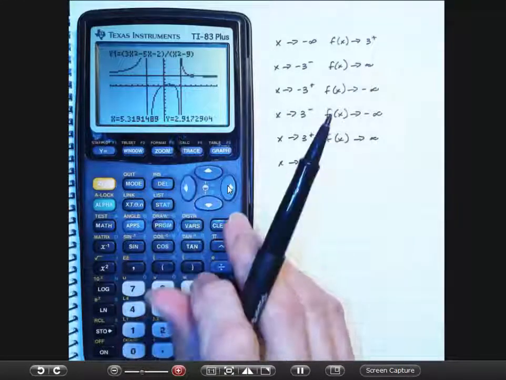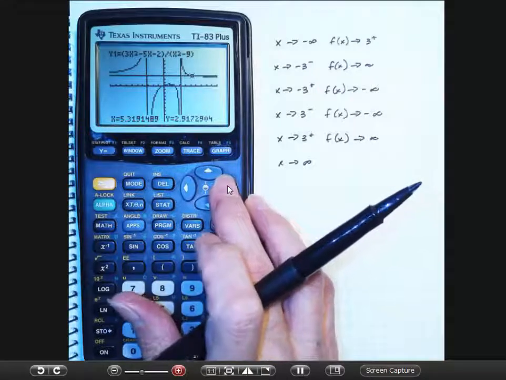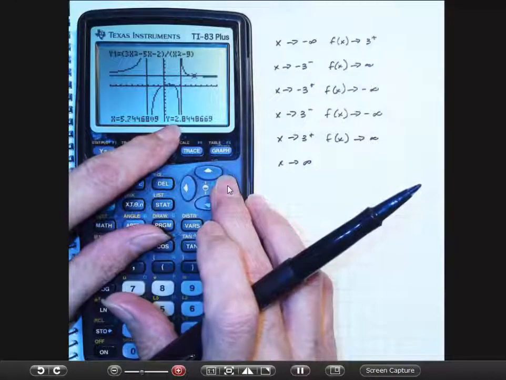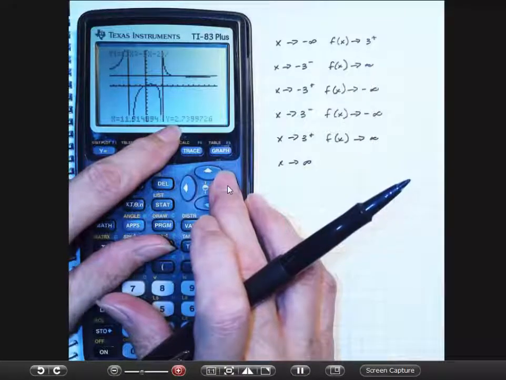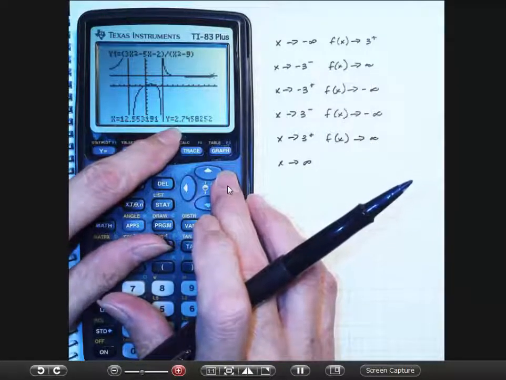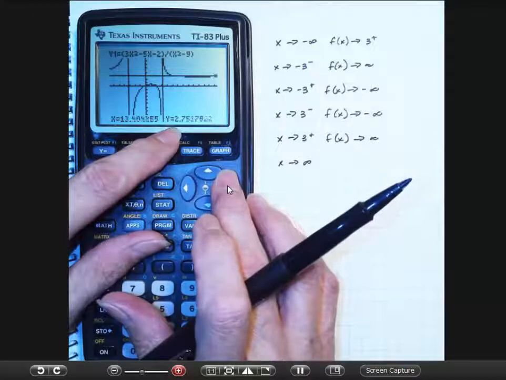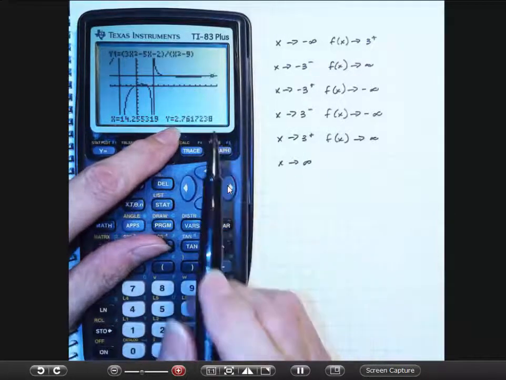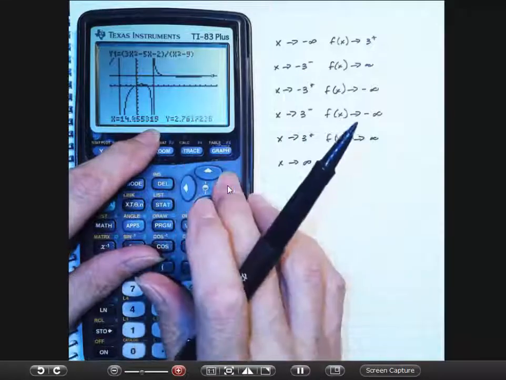We're still below the horizontal asymptote. So keep a look on that. See how we're going down even farther. We're below the horizontal asymptote. Okay, you may not be able to see this right now, but right now we're going back up towards 3. My numbers are increasing a little bit at a time here, and I'm coming back up to 3.